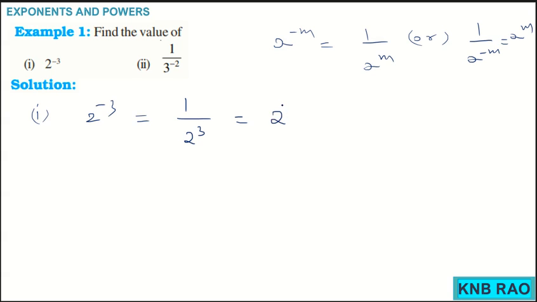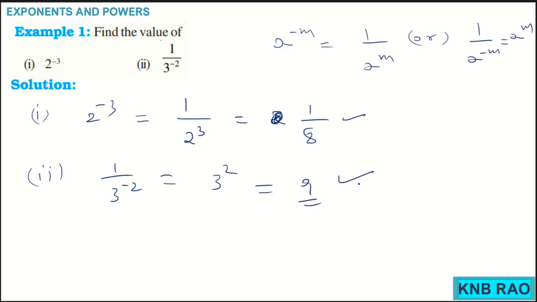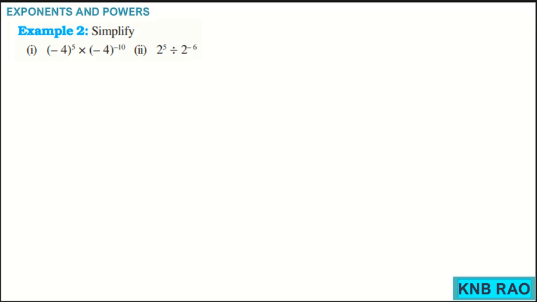So 2 cube becomes 8, and 1 upon 8 is the answer. And the second question, 1 by 3 power minus 2 can be written as 3 square, and 9 is the answer.